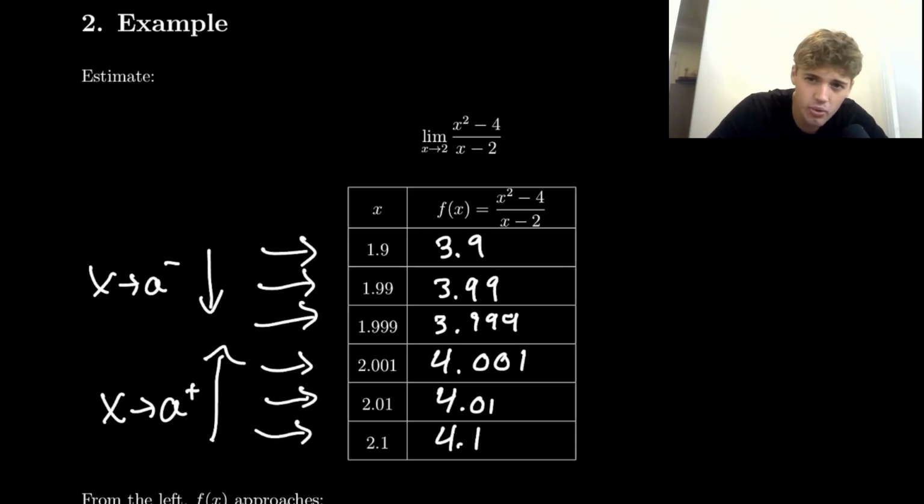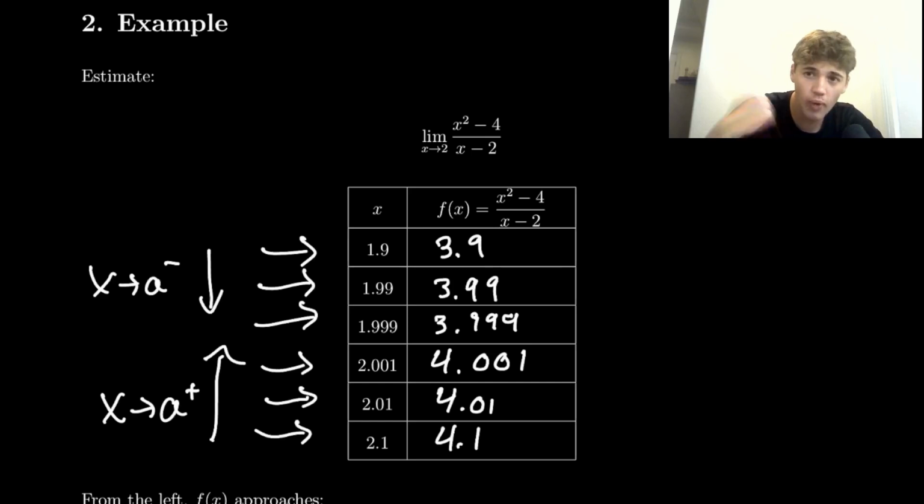So as we got closer and closer to 2 by plugging in values that are closer to 2, take a look at what's happening to our function. 3.9 is pretty close to 4. 3.99 gets closer to 4. 3.999 gets really close to 4. What seems to be happening is from the left-hand side, our limit is approaching 4. And 4.1 is quite close to 4. 4.01 is even closer to 4, and 4.001 is even closer.